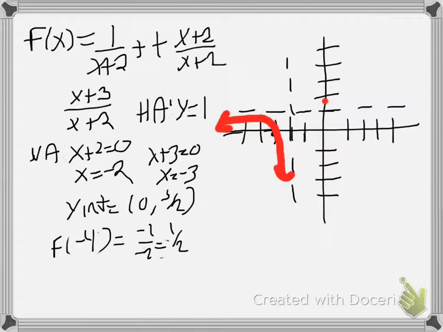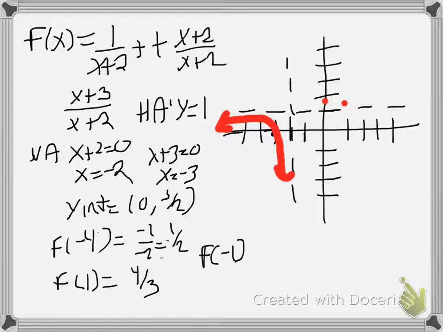Okay. Now let's do a couple points on the other side. Well, I've already got 0, so let's do f of 1. And that's going to equal 4 over 3, or 1 1/3. So this was 1 1/2, so 1 1/3 comes down to about there. Okay, and then let's do f of negative 1.